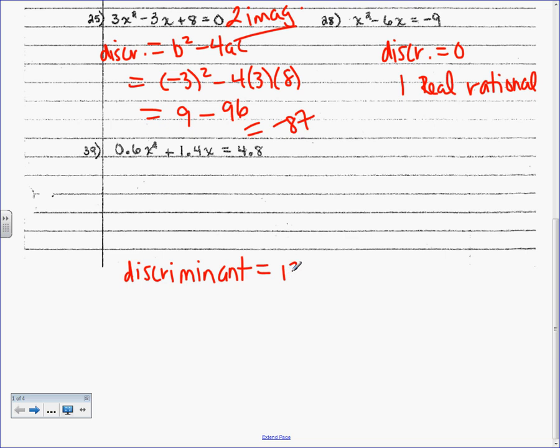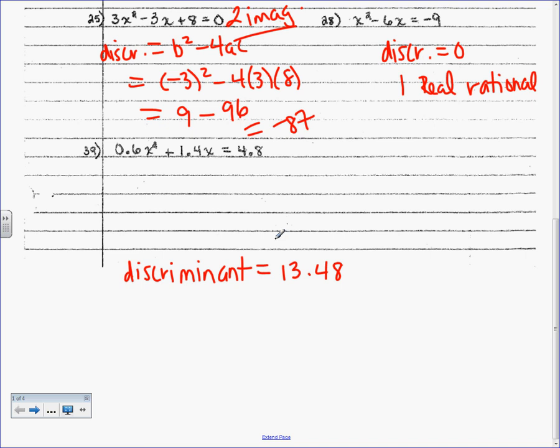Mm-hmm. 13.48. Everybody get 13.48? Ask me if you didn't. You had to subtract the 4.8. A was 0.6, B was 1.4, C was negative 4.8. Plug it in.